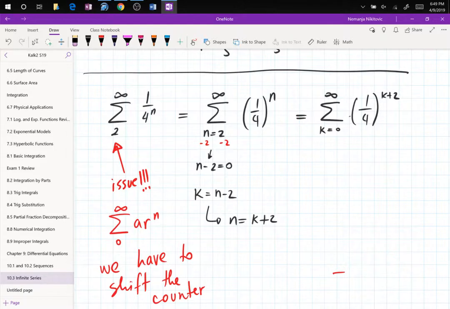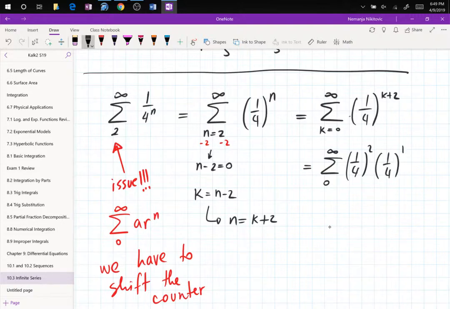So all I'm going to do now is use that formula and say this is equal to the summation 0 to infinity of 1 over 4 squared and then 1 over 4 to the k. So summation 0 to infinity of 1 over 16 times 1 over 4 to the k, and there it is.